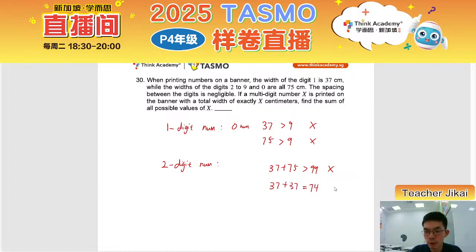It is. But we have 1 and 1. Is 74 equal to the combination of 1 and 1? No, 74 is the combination of 4 and 7. The elements are not 1 and 1 here. So also no. So here, for the 2-digit number, also no numbers being possible.